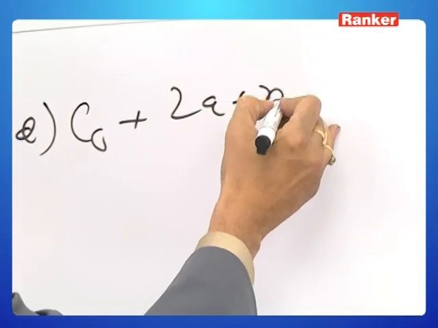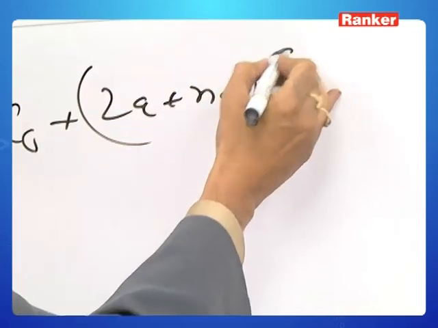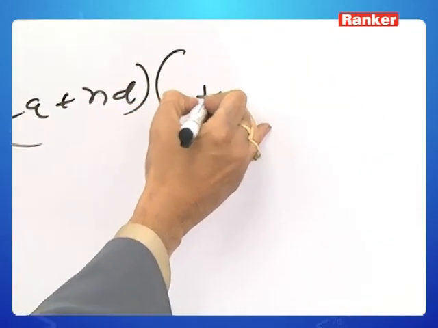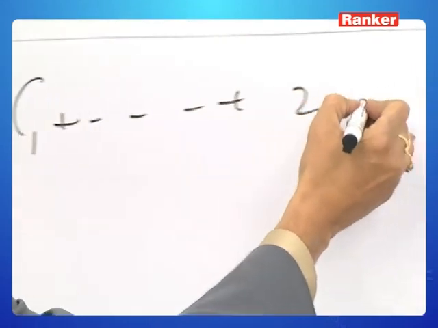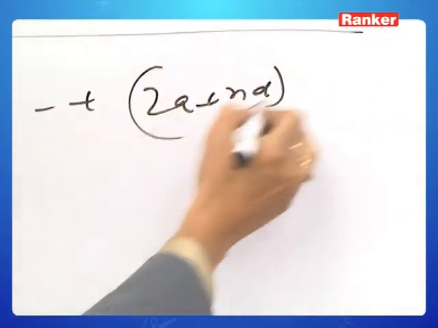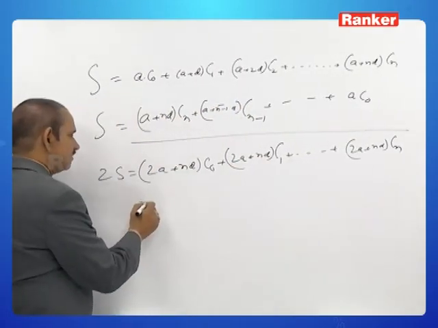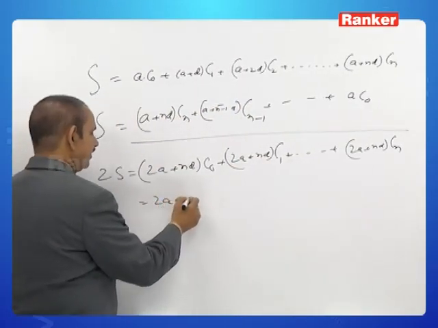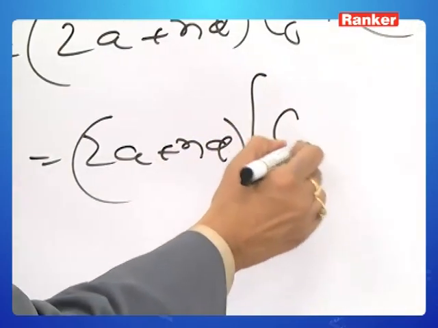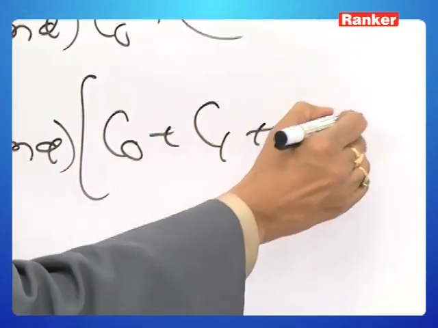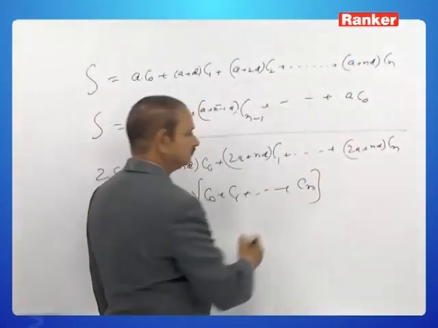2A plus ND into C1 and so on, 2A plus ND into Cn. This is nothing but 2A plus ND into C0 plus C1 plus C2 plus etc. Cn.